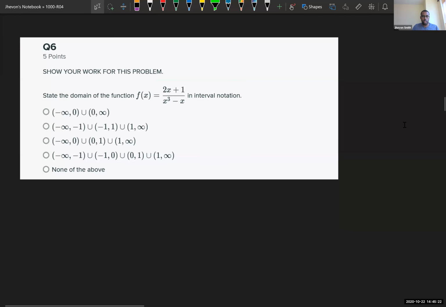Okay, so here, these guys are polynomials individually. This is a polynomial. And these guys work everywhere individually.